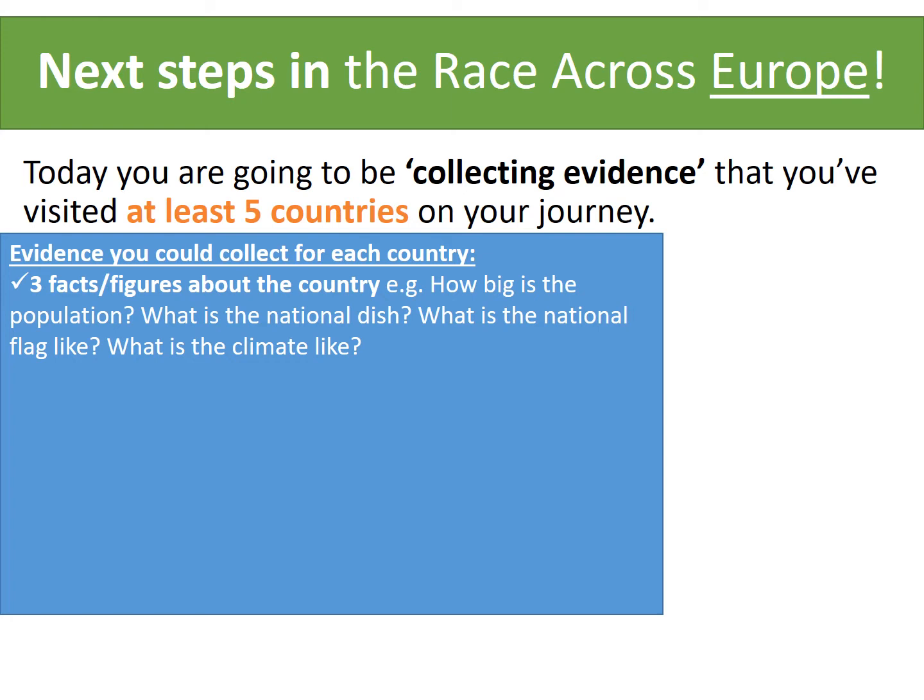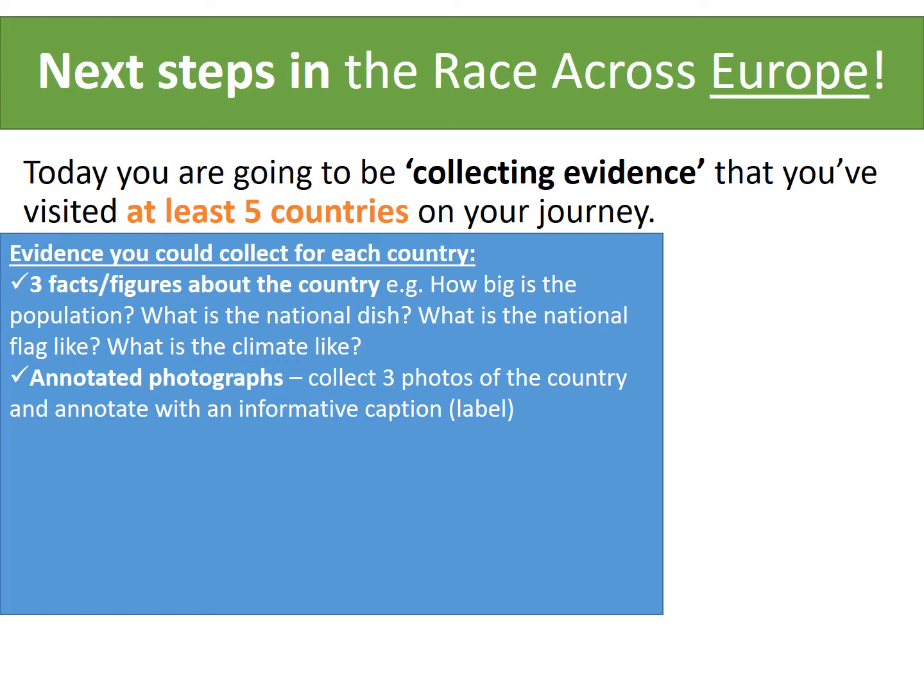That would be fairly straightforward to do using the internet, and you could write your answers down for each of the 5 places. Some annotated photographs. You could go online or possibly look at photos you've got of visiting places around Europe and label them up with some information. I'm going to show you an example in a moment of one that I've done.